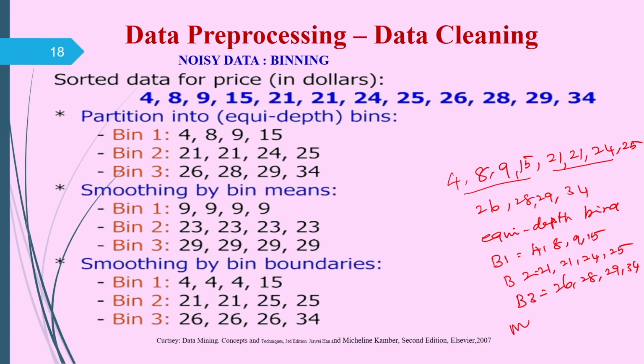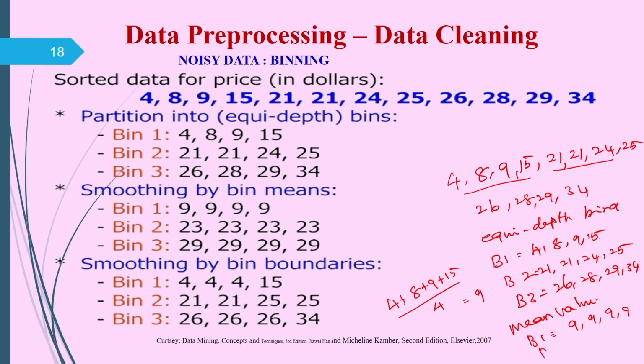Now, we have to remove the noise in these bins. The removal is done with the help of mean values. Mean value means we add 4 plus 8 plus 9 plus 15 divided by 4 elements, which gives us 9. So, bin 1 consists of 9, 9, 9, 9.